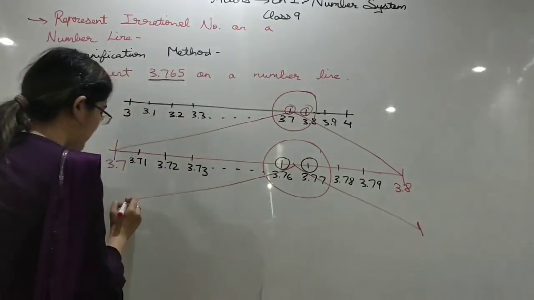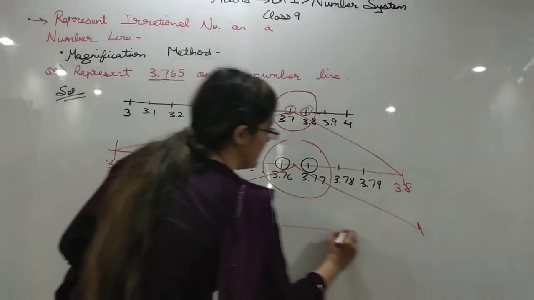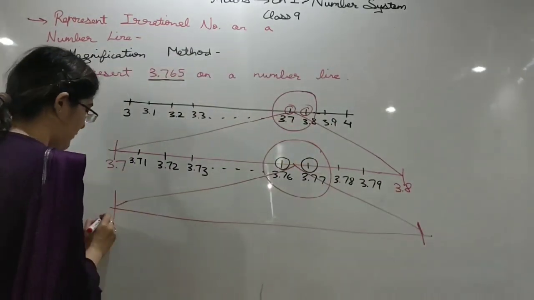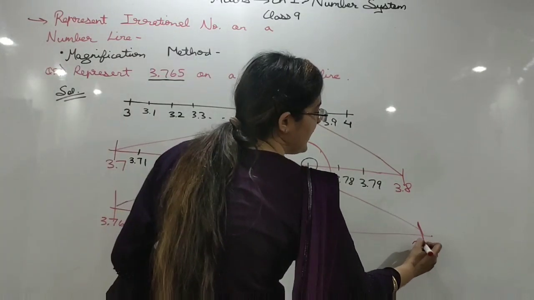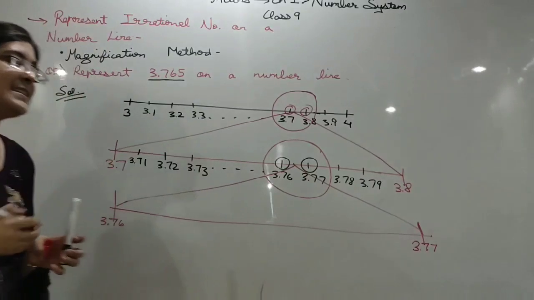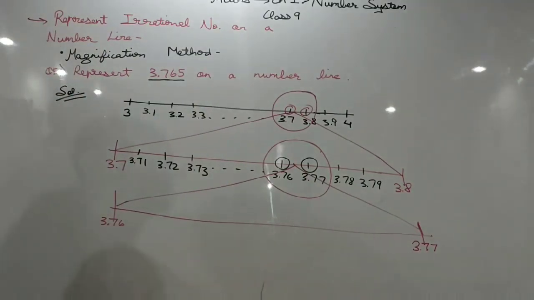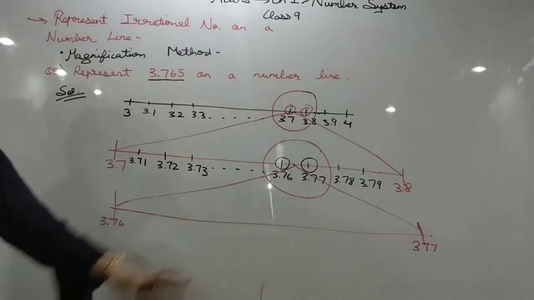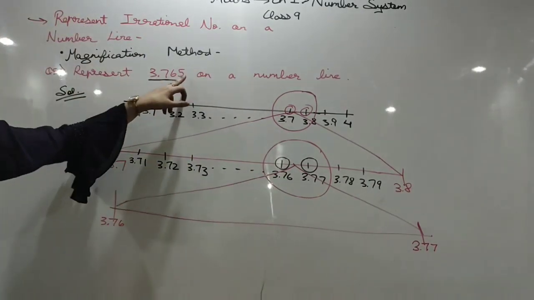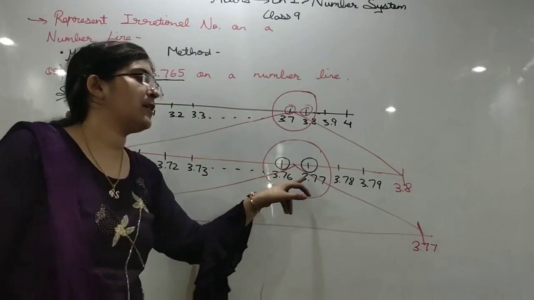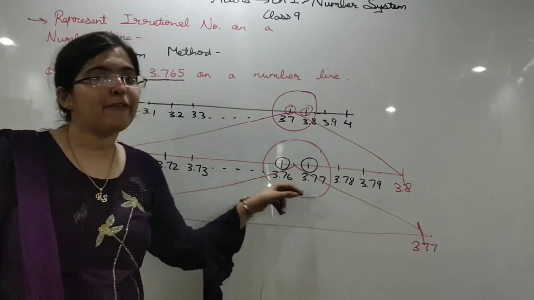Our first limit will be 3.76 and our second limit will be 3.77. Have you understood, students? We have to see one digit further. 3.765 will lie between 3.76 and 3.77.